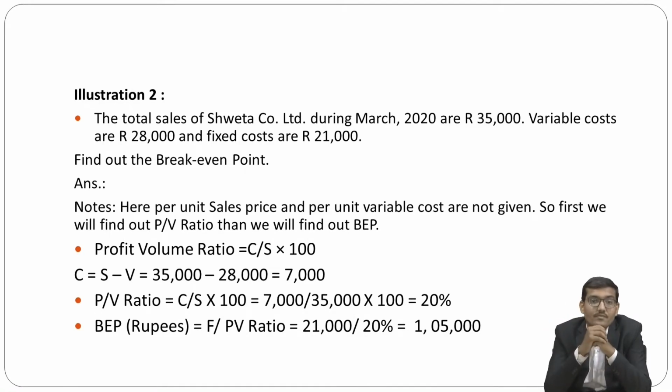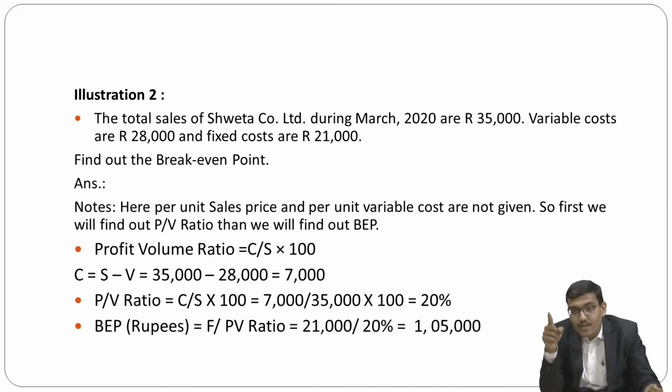Because here your profit volume ratio is 20% on your volume. So you will achieve your profit at a 20% margin easily. And after achieving it, it will be the break-even point at rupees 1,05,000. So the answer is clear in our mind that we use the marginal costing technique in our business.